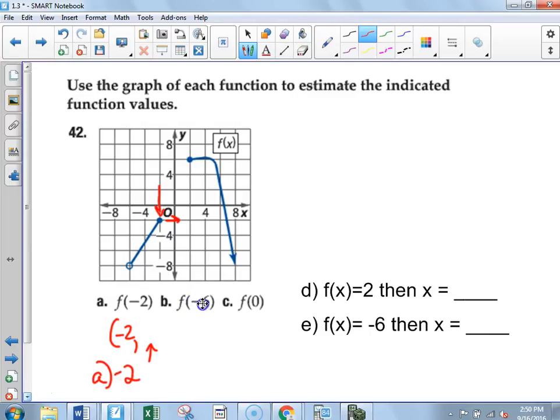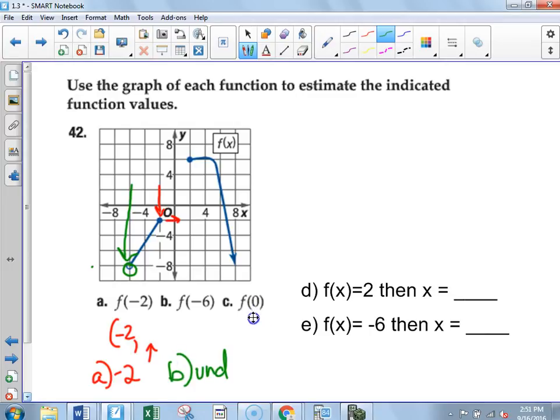All right, what about b, -6? -6 looks like -8. And those of you further away probably can't tell the difference. It is an open circle. If this is an open circle, is there a value at -6? So b is actually undefined, doesn't have a value.